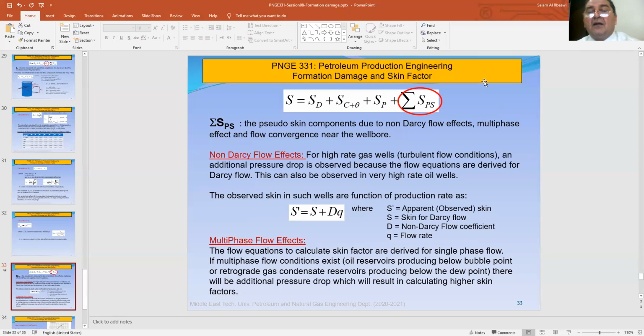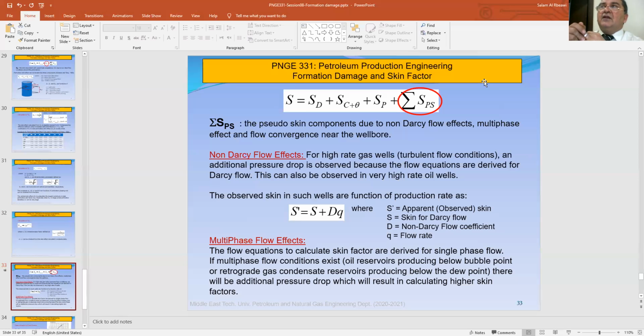The second one, multi-phase flow effect. Guys, as you know, right now we have the inflow performance relationship for the single phase flow oil.